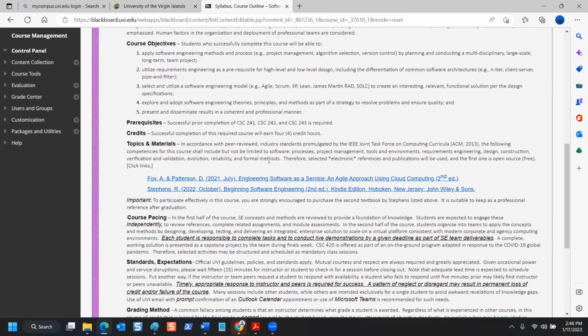And so that's one aspect of the UC Berkeley Dynamic Duo preference. This particular course and its textbook was cited by the IEEE and the Association for Computing Machinery as an exemplar of a course designed around software as a service.